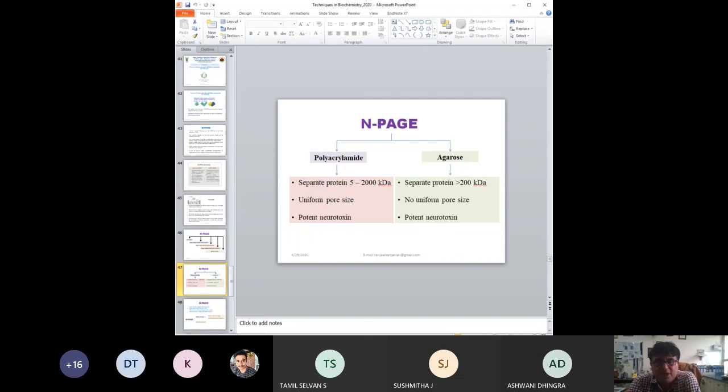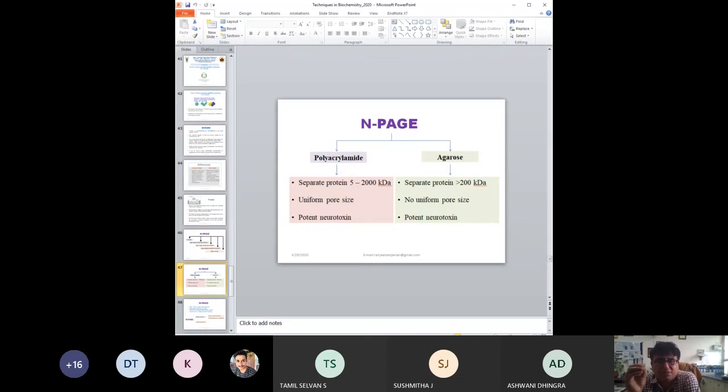In case of polyacrylamide, as I told earlier, you have a uniform pore size, whereas in case of agarose, the pore size is not uniform. And one more important piece of information is that polyacrylamide, as you all know, is a potent neurotoxin, so we should take utmost care while using it, starting from the powder to the polymerization to the disposal.